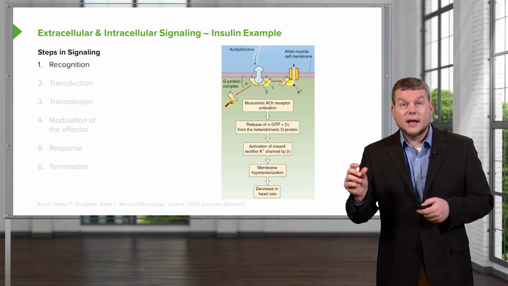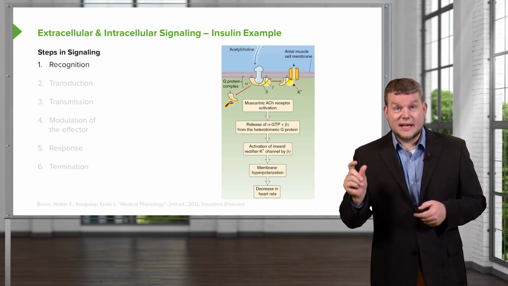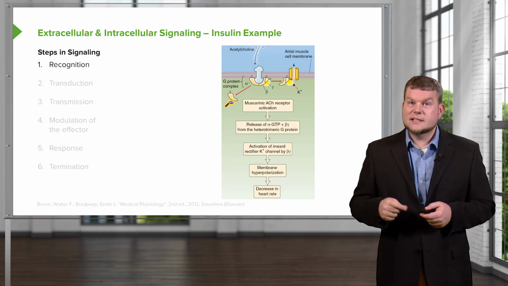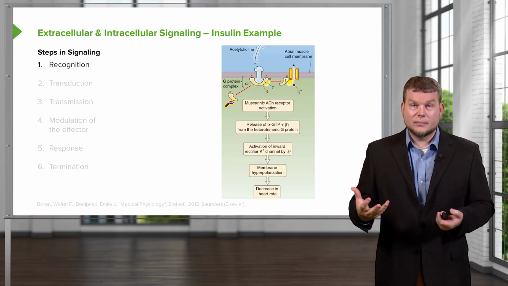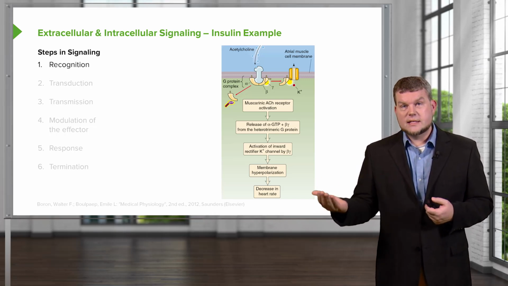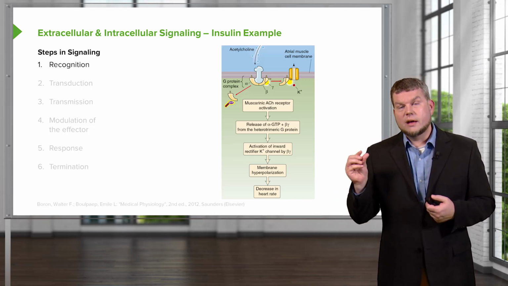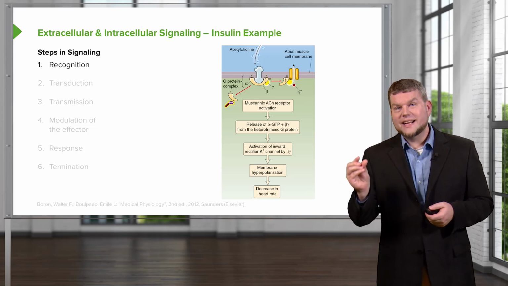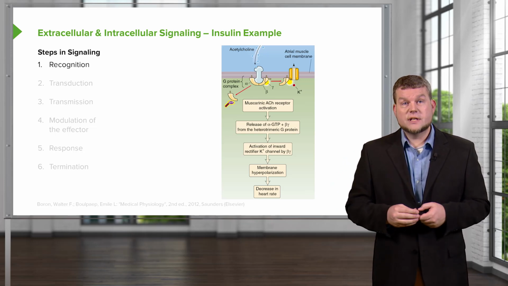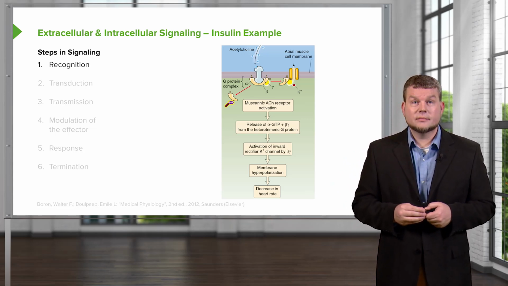Acetylcholine will only bind to a receptor that recognizes it, right? The type of receptor that's going to recognize it is a muscarinic receptor. So acetylcholine has two different types of receptors, nicotinic and muscarinic. But if you have a muscarinic receptor recognizing that acetylcholine being released, that's our first step, recognition.